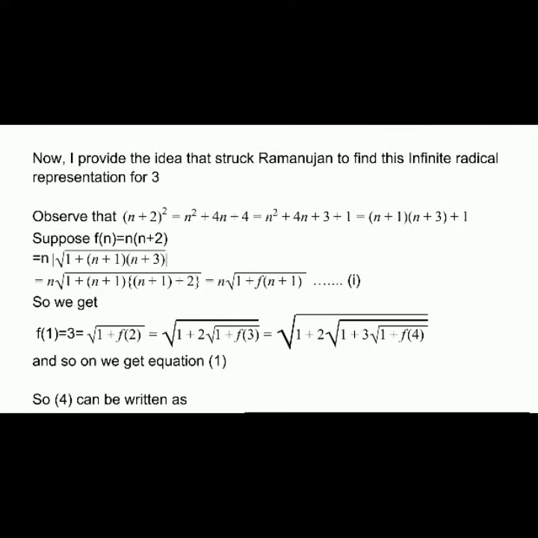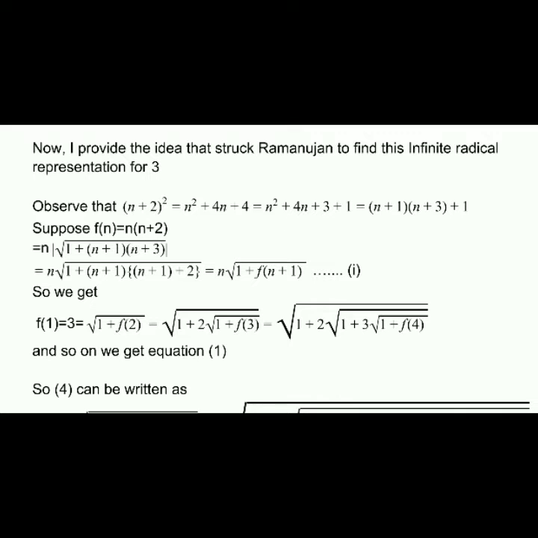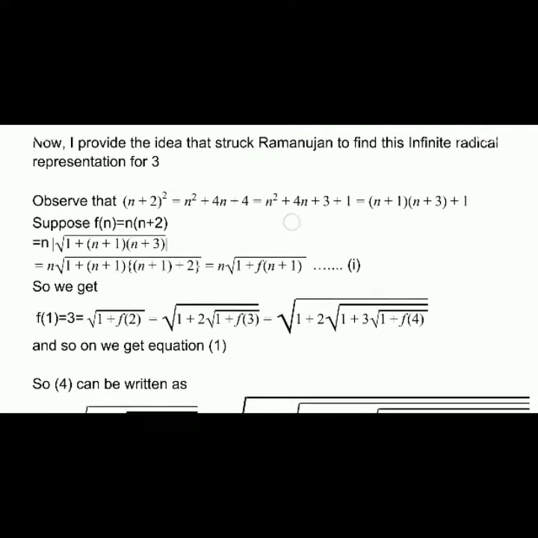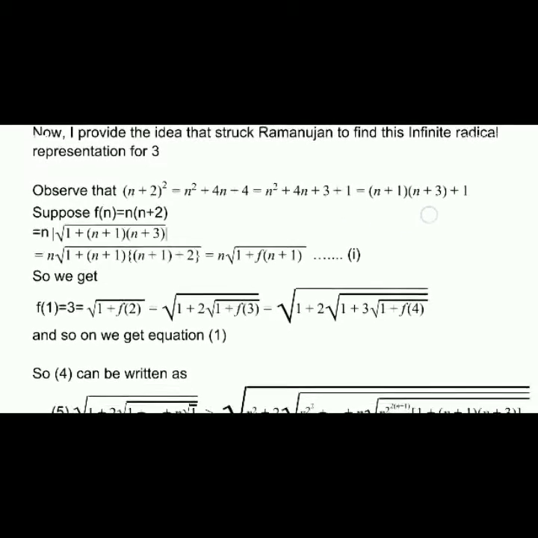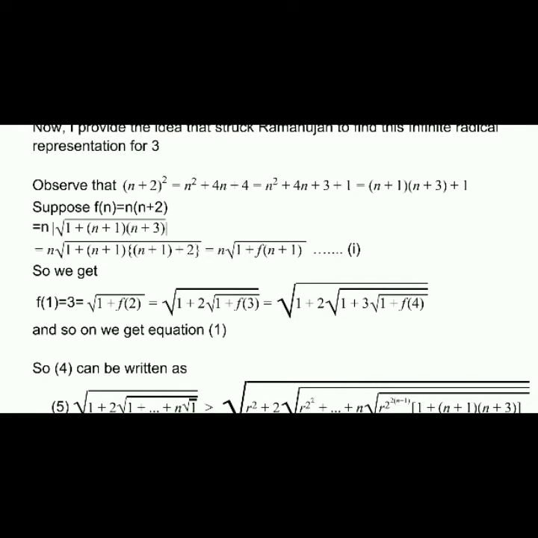See, we can observe that (n+2)² equals n² + 4n + 4, which is equal to n² + 4n + 3 + 1, which is equal to (n+1)(n+3) + 1.